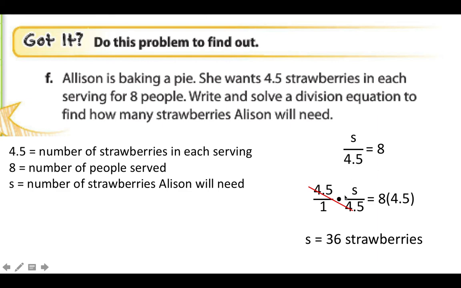So we're going to multiply both sides by 4.5 to get how many strawberries she needs to buy. All right, so when we multiply by 4.5 on both sides, these 4.5s cancel out, giving us our variable by itself. And 8 times 4.5 is 36 strawberries. So she needs 36 strawberries to make 8 servings of pie.